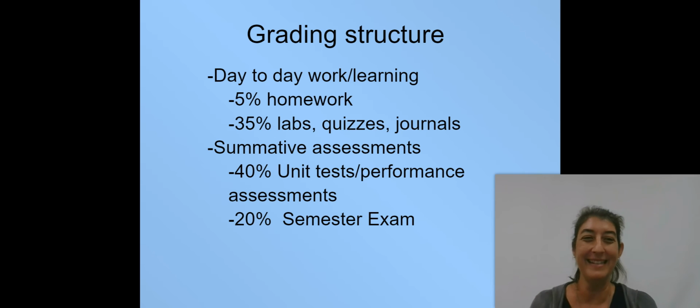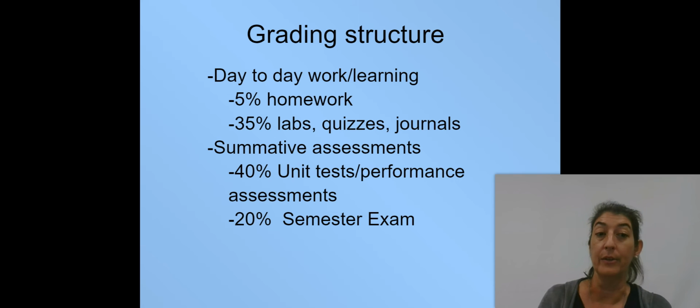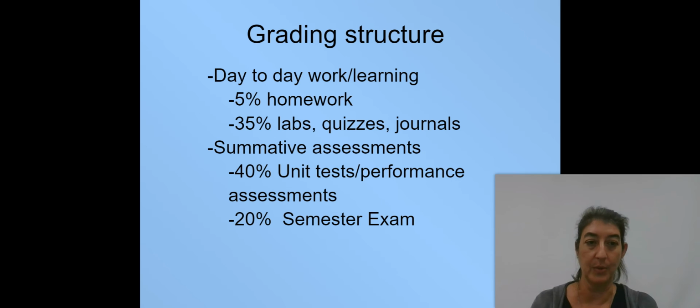The purpose behind this is that a lot of the work that we do along the way is open for revision and relearning. For example, if a student has been doing the work all along, has the review guide done for the quiz, but doesn't do so well on the quiz, doesn't really get it, we have opportunities for retake.